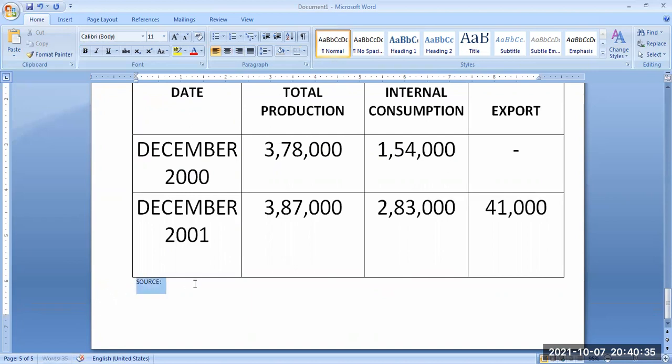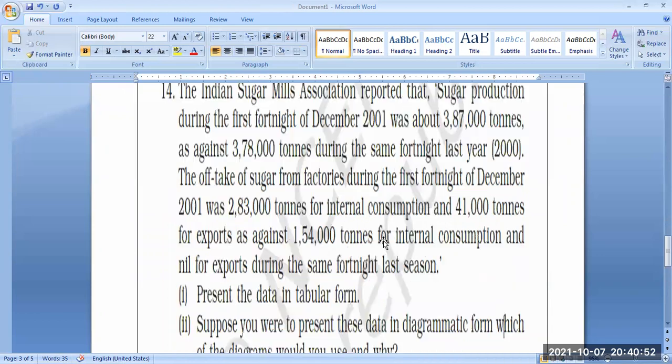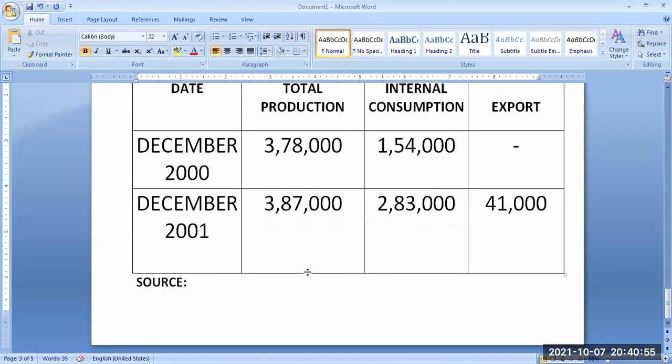Yes, Indian Sugar Mills Association report. So it may be the annual report of Indian Sugar Mills Association. I am mentioning it. Compulsorily you have to mention it in the examination.